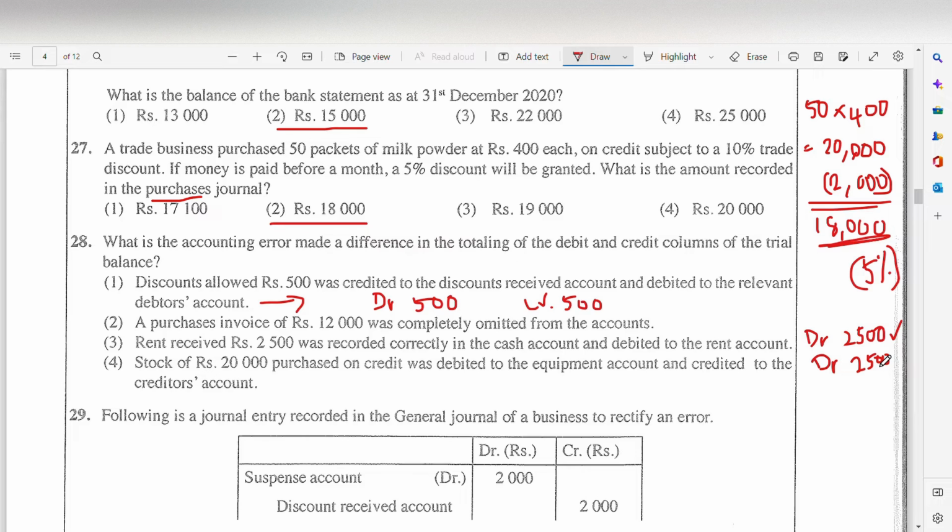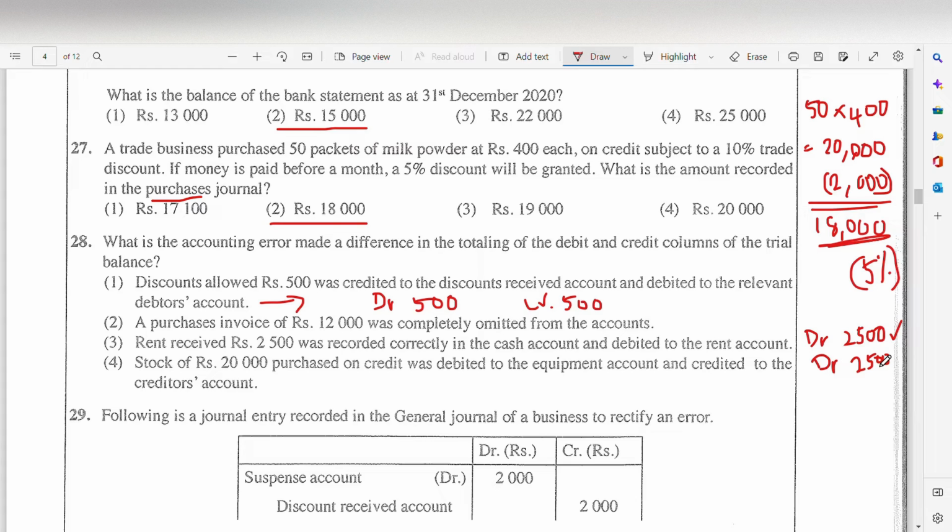Let's move on to the 4th one and see. Stock of rupees 20,000 purchased on credit was debited to the equipment account and credited to the creditor's account. So if you buy stock on credit, you should debit your stock account. Why? Your stock is increasing. And credit your creditor's account. Why? Your creditors are increasing.